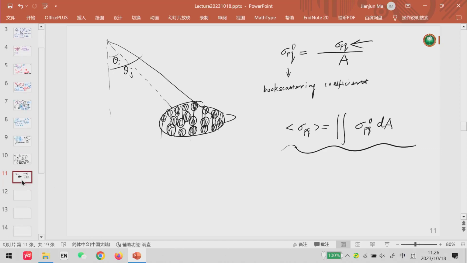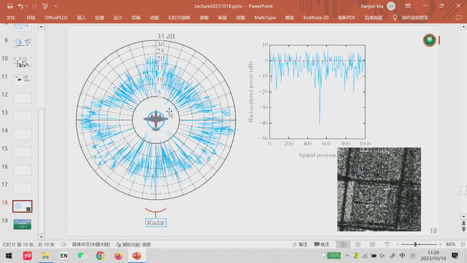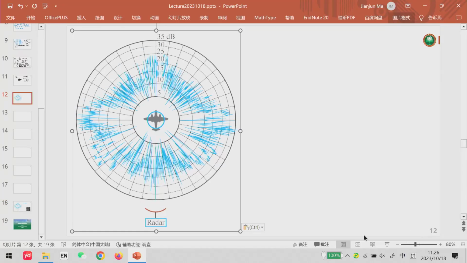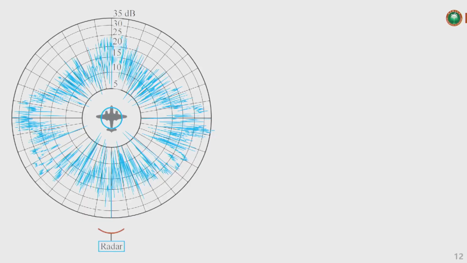here is a plot. The radar cross section, the scattering pattern of a plane. We can see that when we take measurements around the circle with the plane at the origin, or the center of the circle, its RCS is different, right?